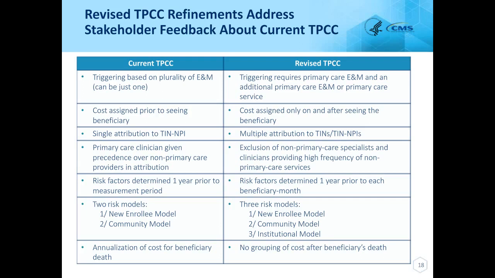And the risk factors are actually determined 1 year prior to each of those months. And so what that allows for is that if a clinician picks up care of a beneficiary halfway through the year, for instance, you're accounting for all the comorbidities that beneficiary may have picked up all the way to the point that clinician initiates the relationship with the beneficiary.